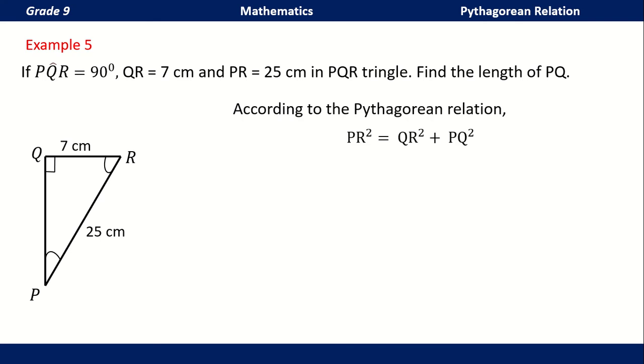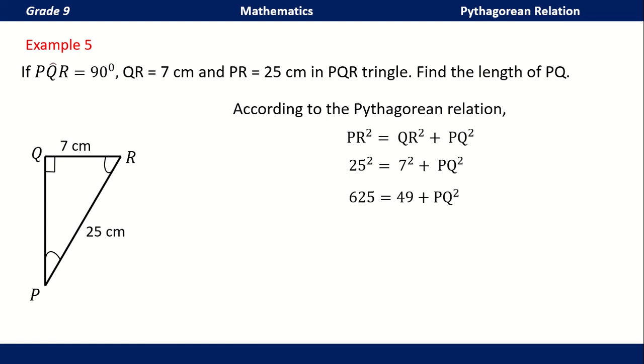According to the Pythagorean relation, you can write PR squared equals QR squared plus PQ squared. Since the length of PR is 25 and QR is 7, you can write 25 squared equals 7 squared plus PQ squared.